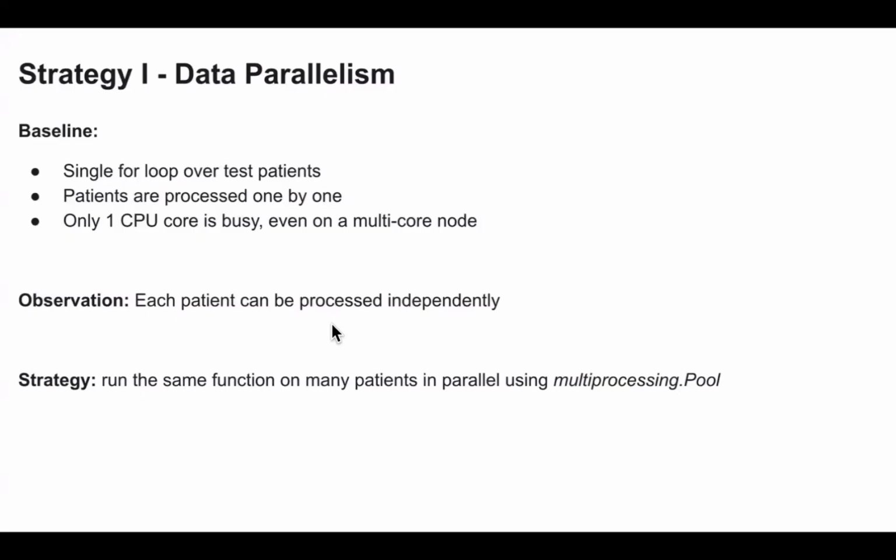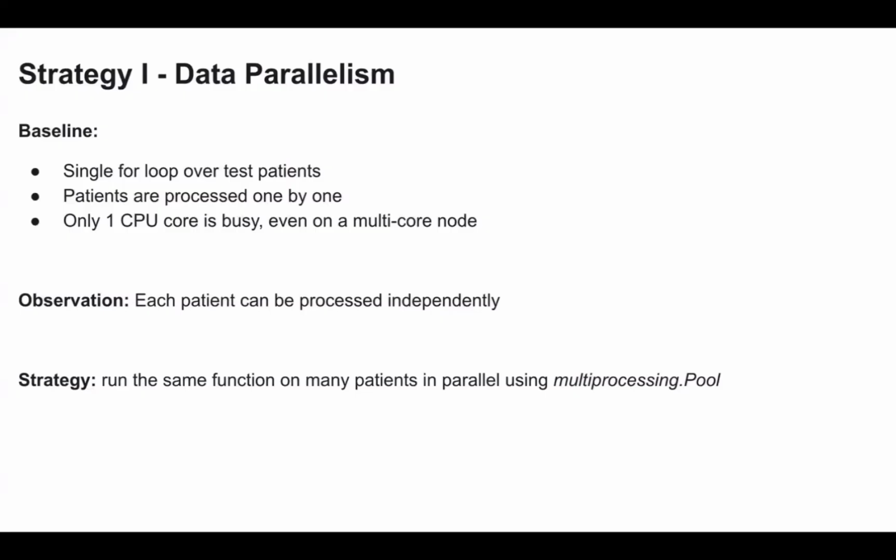So I implemented this using Python's multiprocessing module. I treat the processing of each patient as an independent task, and instead of doing the loop, I instantiate a process pool. The main process acts as a distributor, splitting the list of patients and assigning them to worker processes.